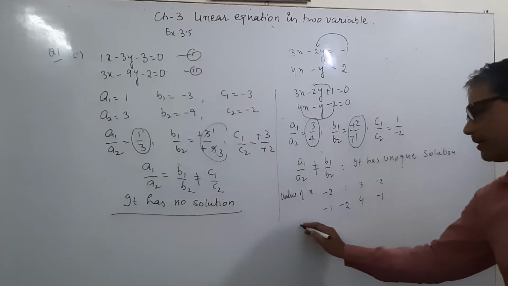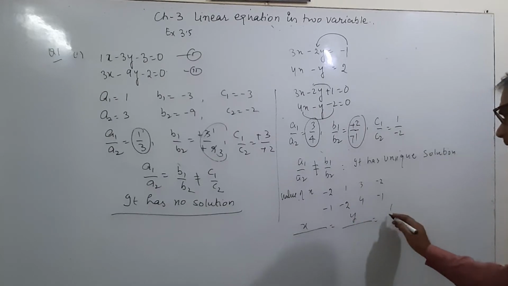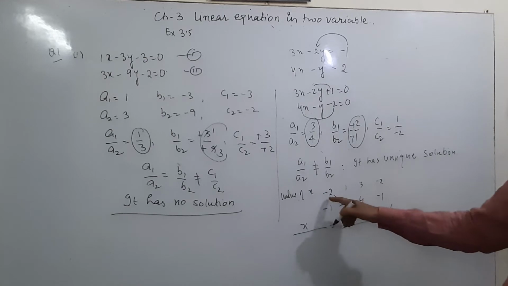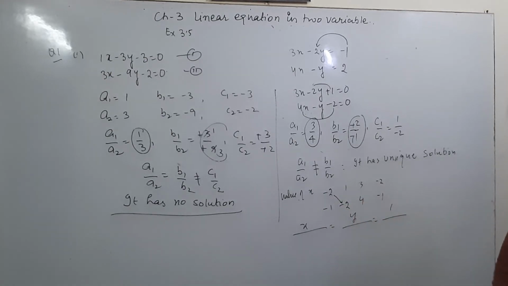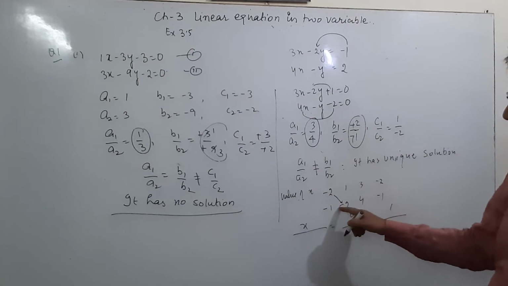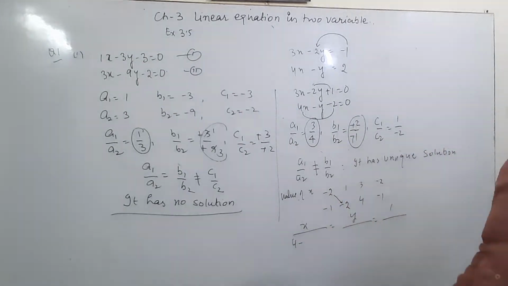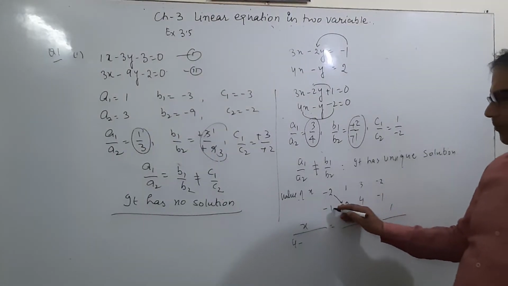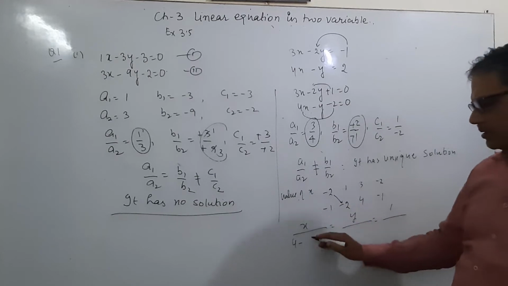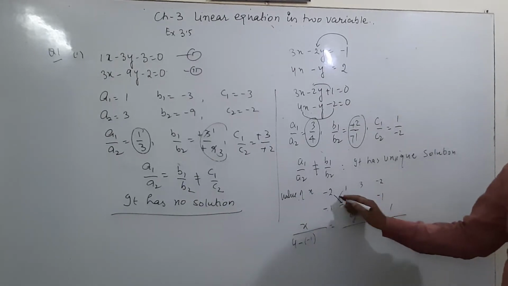And now after that, x upon, y upon, and 1 upon. You know this will be multiplied. Minus 2 multiplied by minus 2. What is your answer? Minus 2 times minus 2, minus minus plus, 2 fours are 4, minus, we have to put minus. Here is 1 into 1, 1, this is minus and this is plus, plus minus, minus 1.